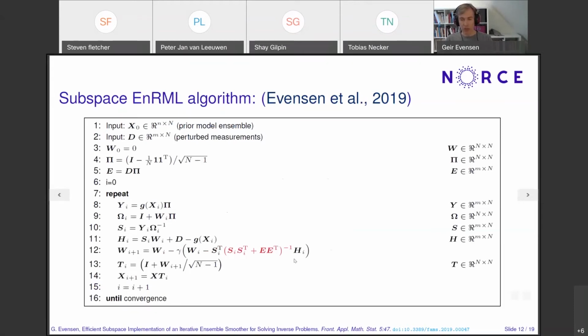We set up the right-hand side, or the innovation part here, and we compute this iteration. We have a transition matrix that depends on the W, and we update the ensemble. And then that's input here again, and we just repeat. And all computations in this algorithm are linear in the number of measurements and linear in the state size.